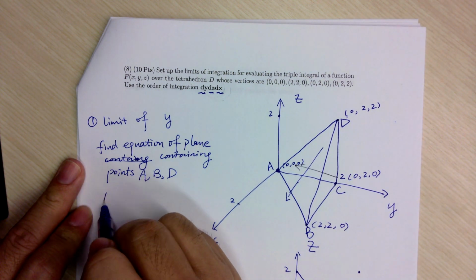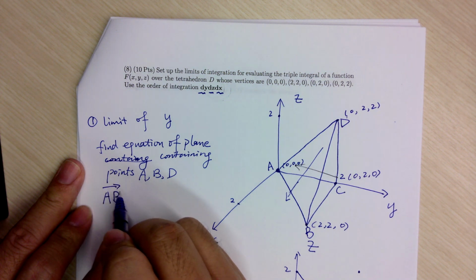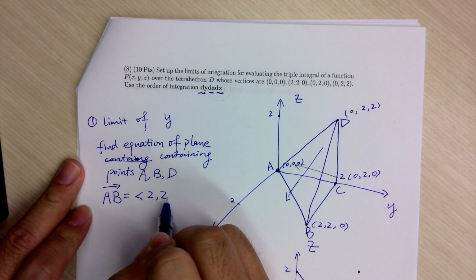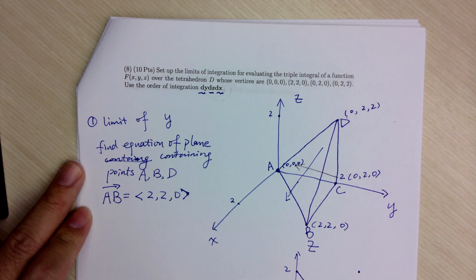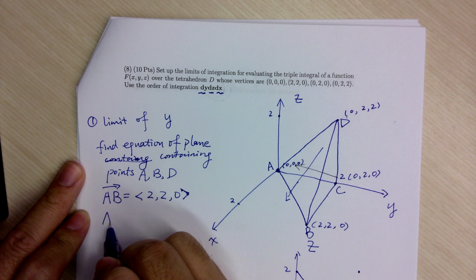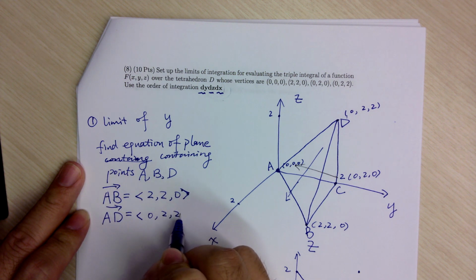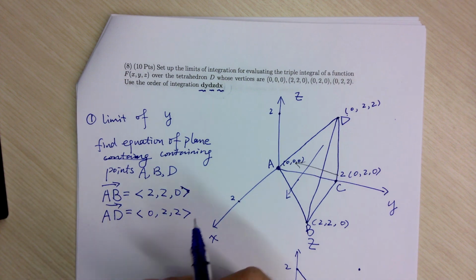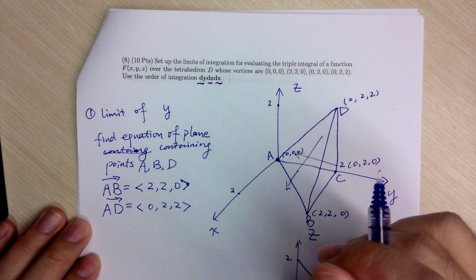So we can construct the vector AB. As you can see, it's 2, 2, 0. We can also construct another vector AD that is 0, 2, 2. In this way, we are doing a cross product.